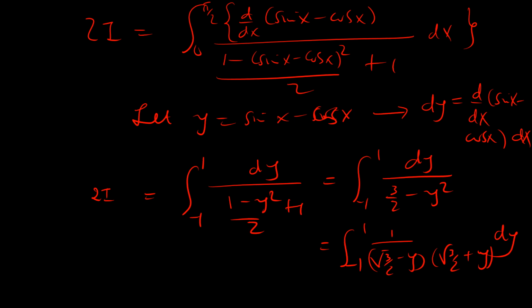Let's express that as partial fractions. Say our 2I is the same as the integral from y equals -1 to +1 of 1 over root 3 over 2 minus y times root 3 over 2 plus y.